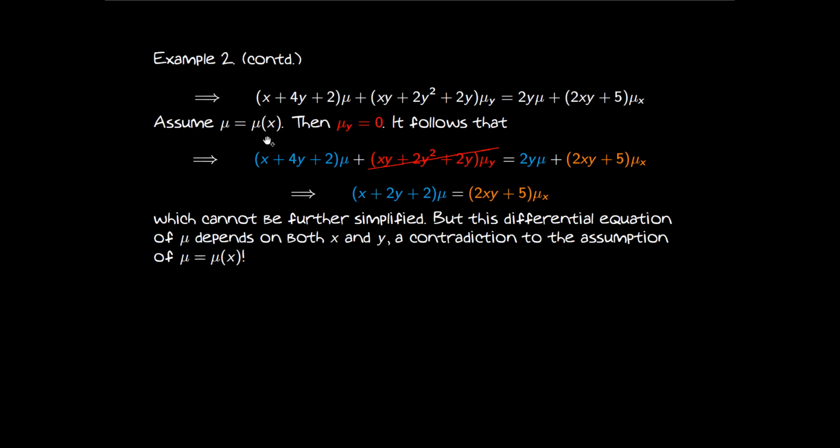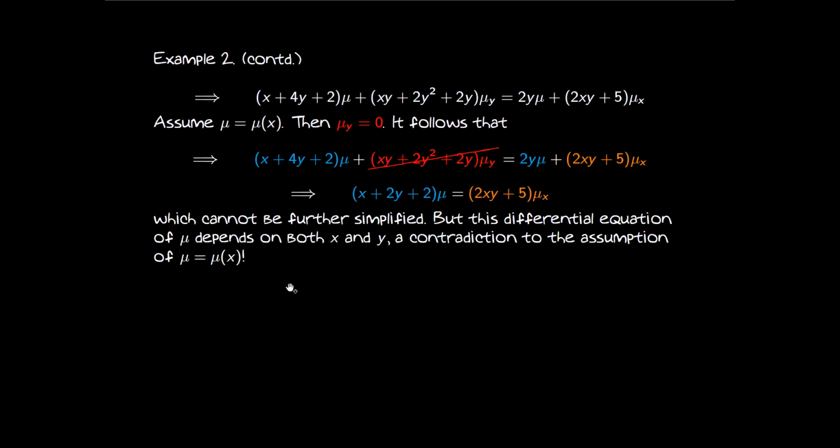But just think about if you have a function that depends only on x, then when you do the derivatives, you still get only x, right? So anyway, you're not going to get some y involved, right? So that means the assumption we made over here is not a good one, okay?